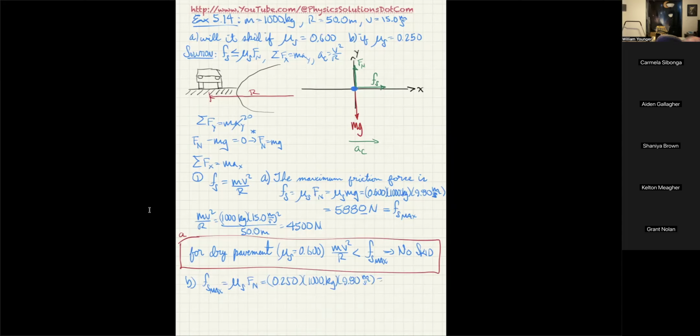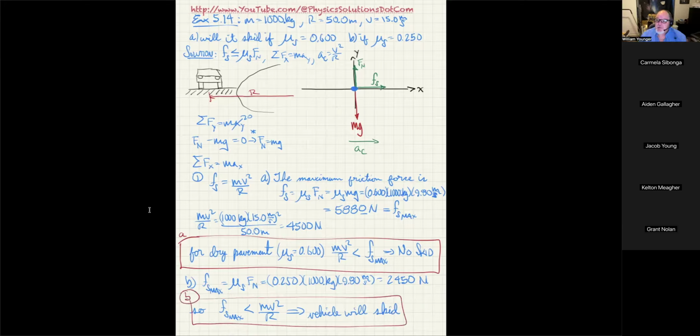This gives me 2,450 newtons. So F static max is less than mv squared over r implies vehicle will skid. And that's part B. Anybody have any questions on that?